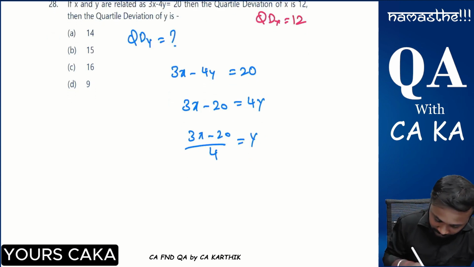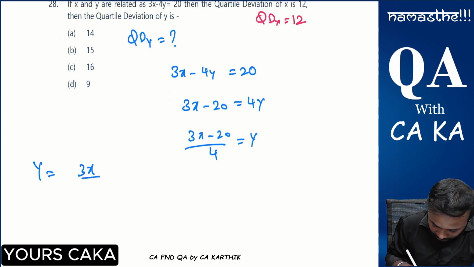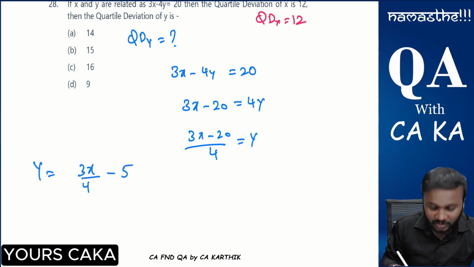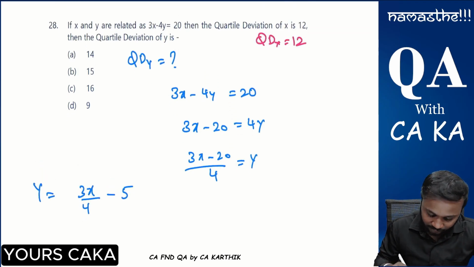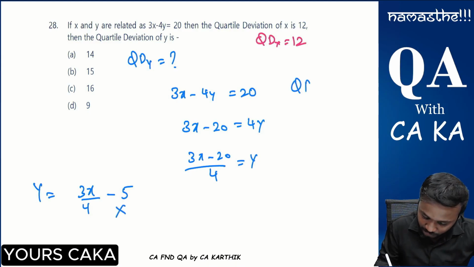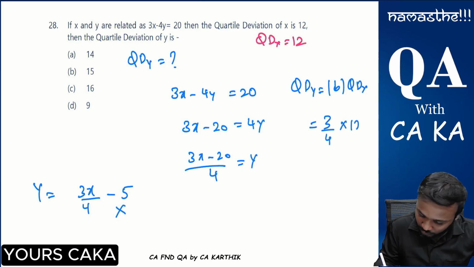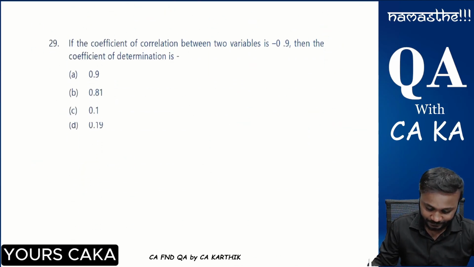If you rewrite this, y is equal to 3 by 4 x minus 5. So this is your correct equation. We don't require the constant, as quartile deviation of y is equal to mod b into quartile deviation of x. So 3 by 4 into 12, which is 9. So option D is your right answer.